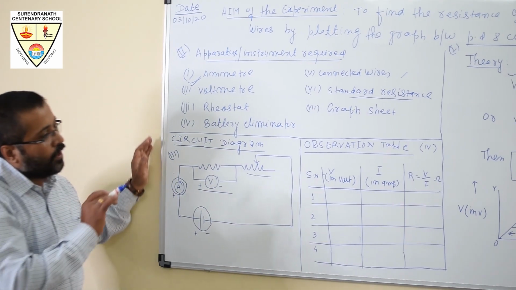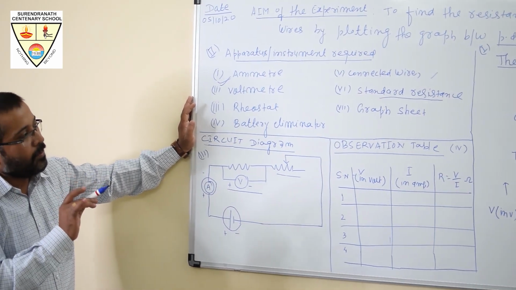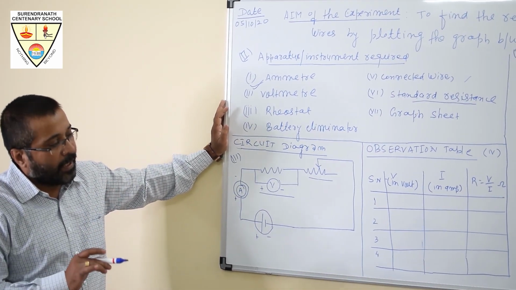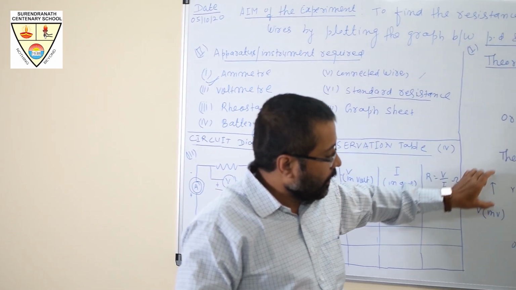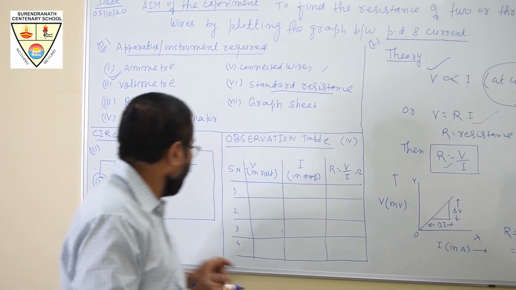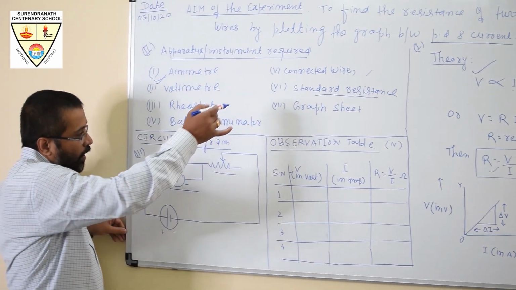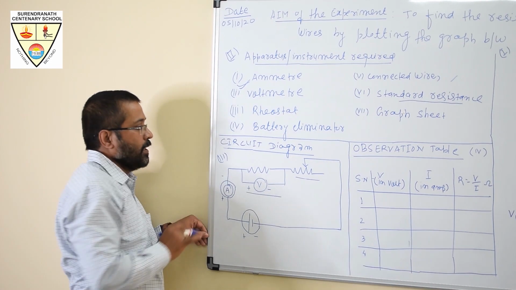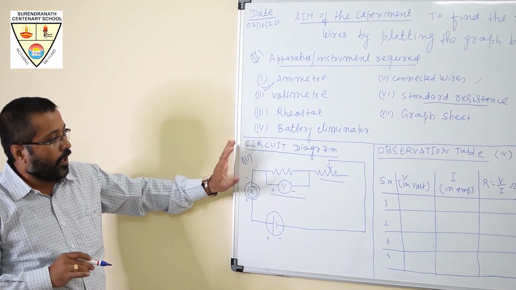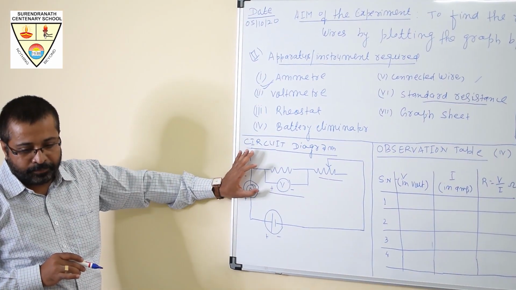So, now we are going to summarize these steps once again. First, learn theory, then graph. Next, the minimum apparatus we require to perform this experiment. Now, the circuit diagram.